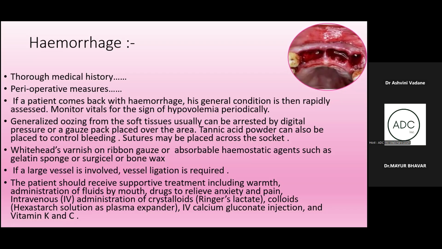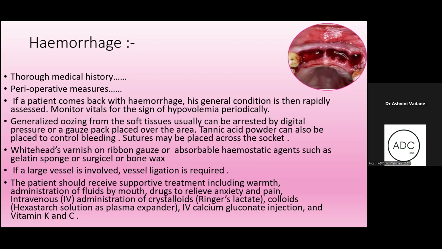That's why it is very important to check the vitals, meaning blood pressure, pulse, and temperature. If generalized oozing from the soft tissues is seen, then we have to apply digital pressure first, followed by the gauze pack. This is the very basic procedure that we can perform in our dental clinic. First apply digital pressure, then apply the gauze pack.